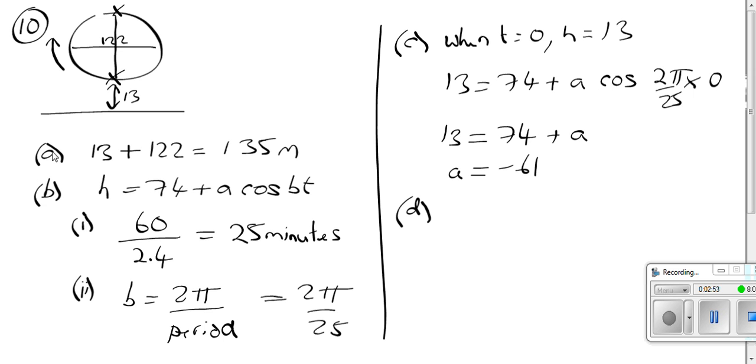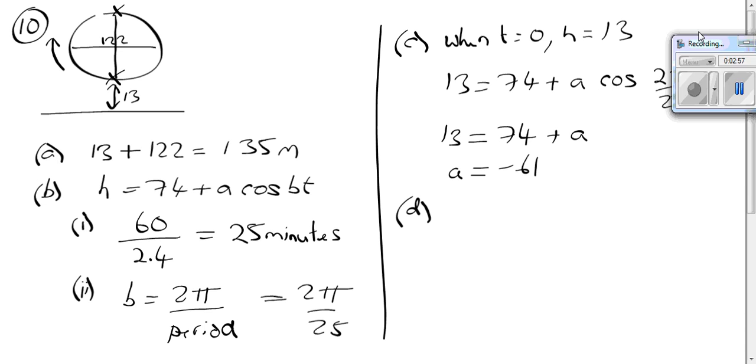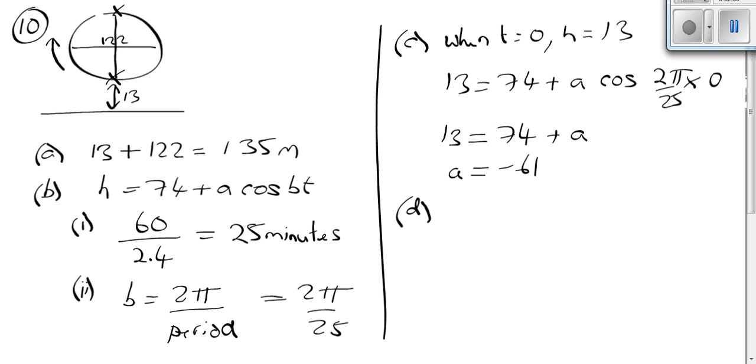Finally, in part D, we've got to put together everything we found out and create a graph of h. So we've got to respect the fact it asks me to give the graph between t equals 0 and t equals 50. It's going to be useful to mark the midpoint there, 25, because we know the period's 25. So when t equals 0, the height is 13.